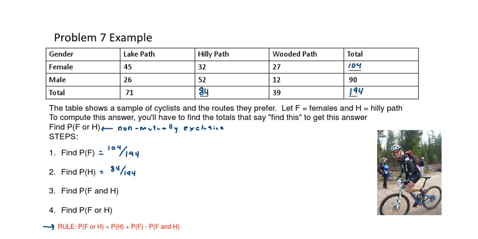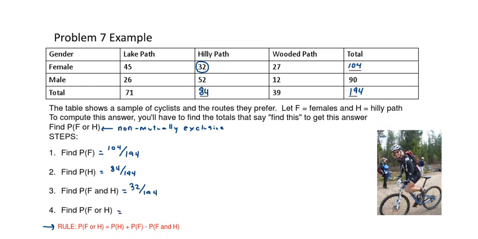Finally, how do we find those who are female and prefer the hilly path? Well, in this case, the lovely thing about a contingency table is that the number is right there. There were 32 who were both female and preferred the hilly path. So we can just simply pick that out of the lineup and put that right in our probability.